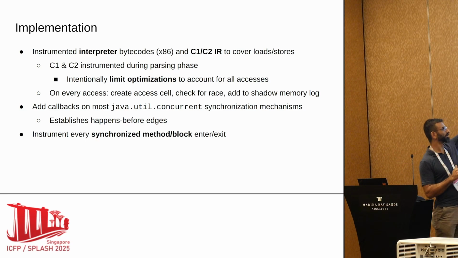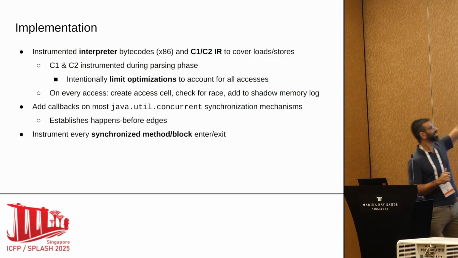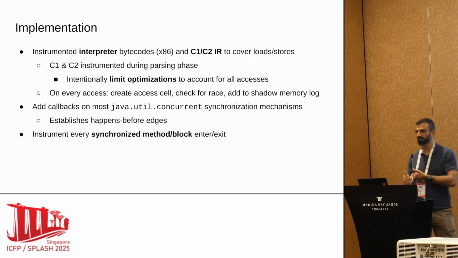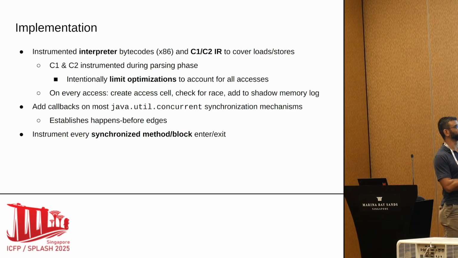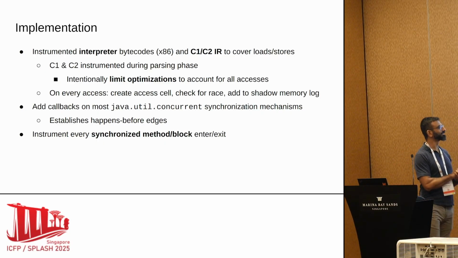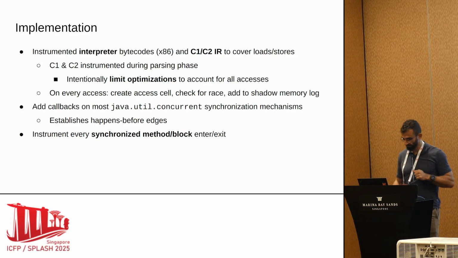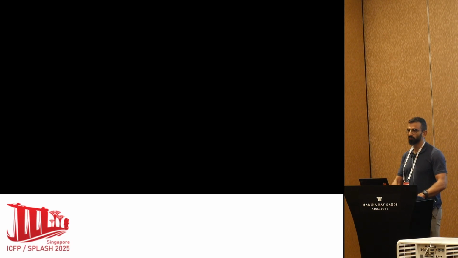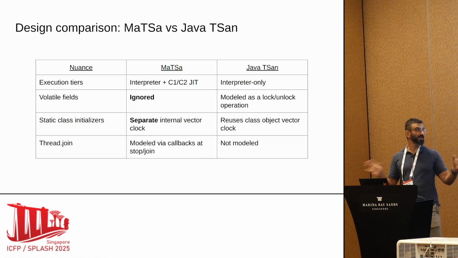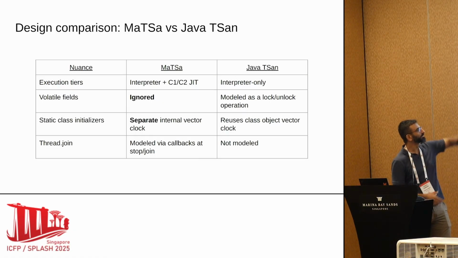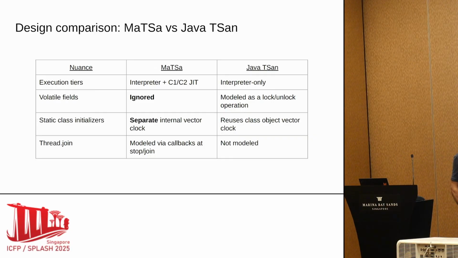And so you have to go inside the library, java.util.concurrent. This is custom locks, read-write locks, and all that, and do the vector clock thing to find out the happens-before edges.